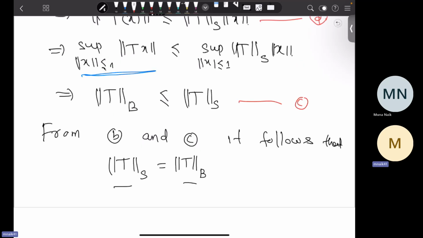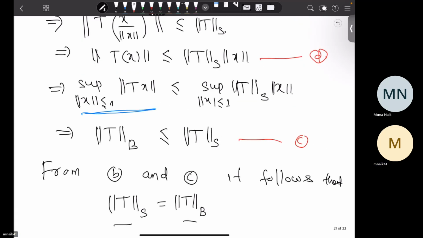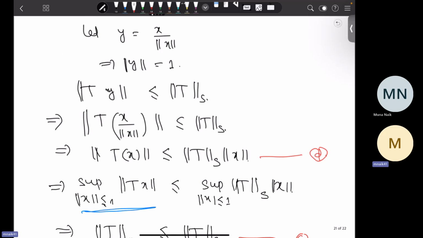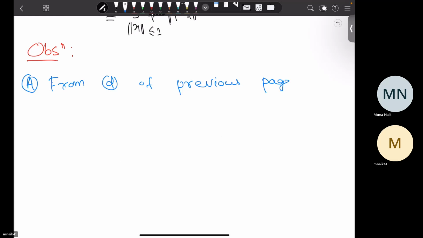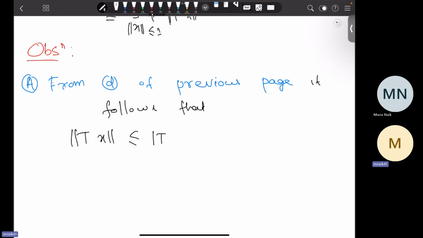I call this observation A. From D, it follows that the norm of Tx is less than or equal to the operator norm of T times the norm of x.